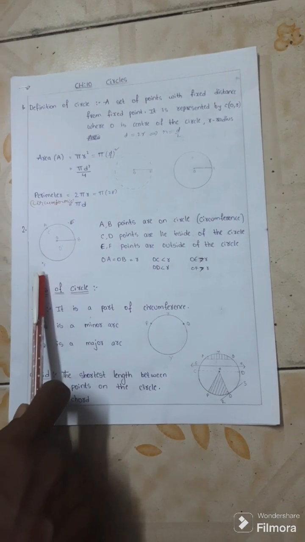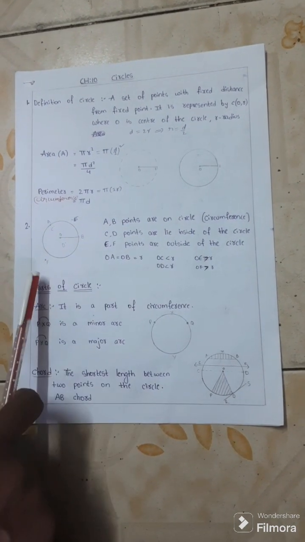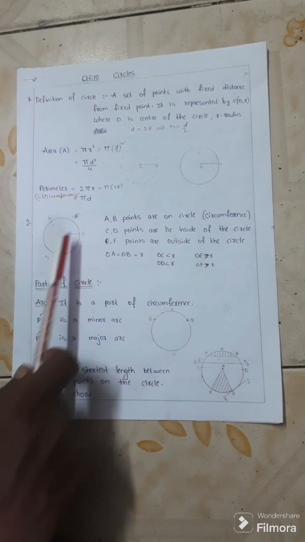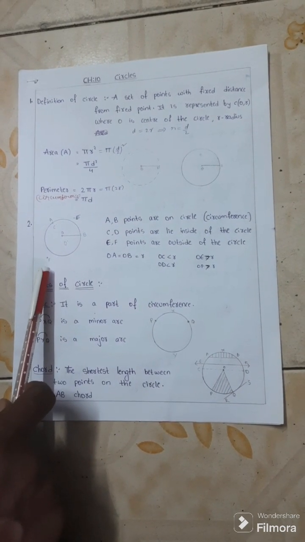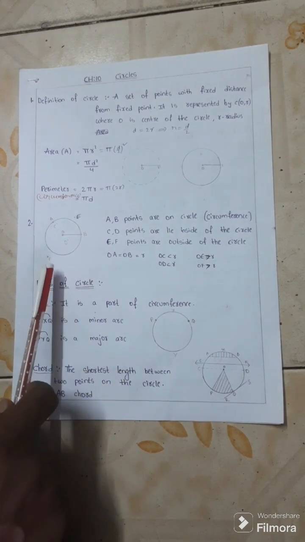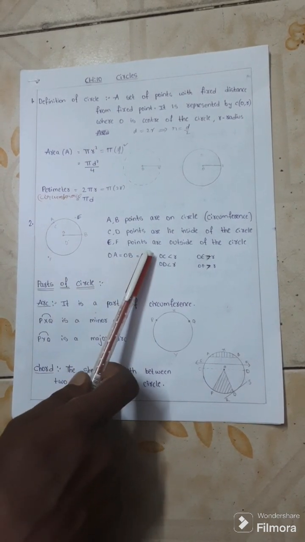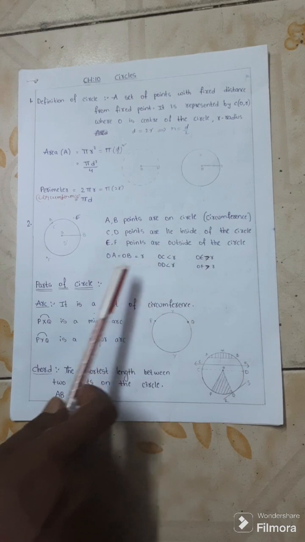E and F, which I plotted with a pen, not a pencil, are the problem you might have observed. E and F are outside the circle.